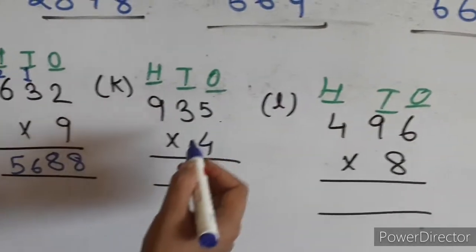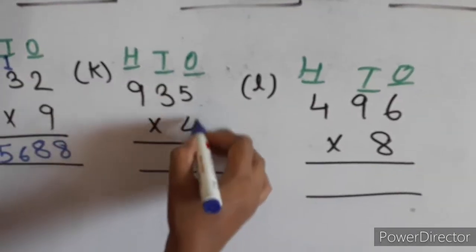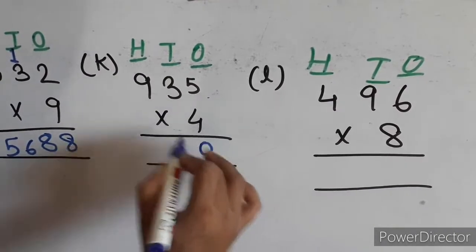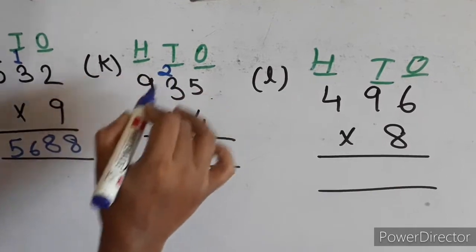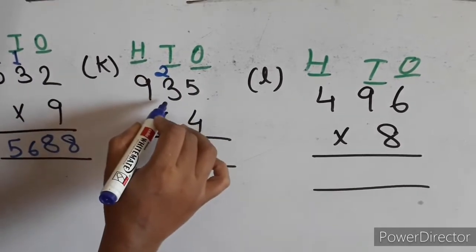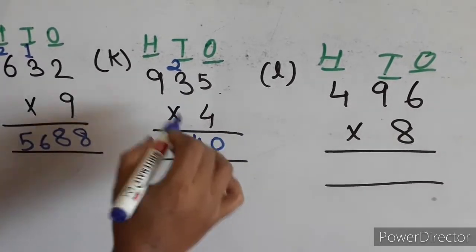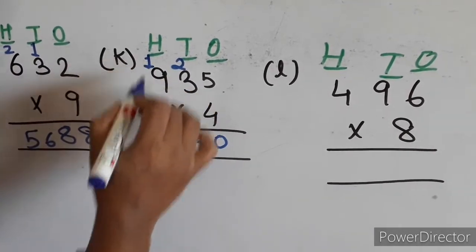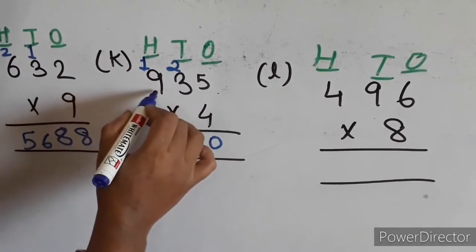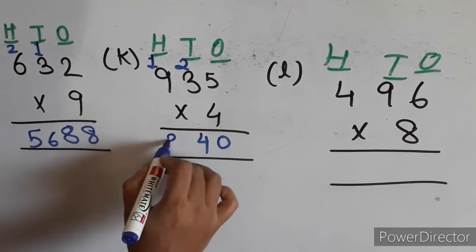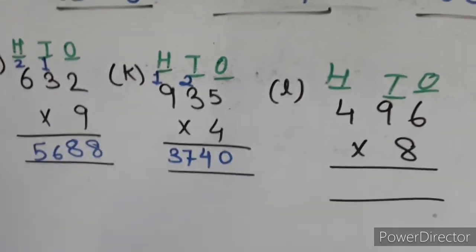Then again this one, 4 times 5 is 20, 2 will come to this place. 4 times 3 is 12 plus 2 is 14, and the 1 of 14 will come here. 4 times 9 is 36 plus 1 is 37. Okay.